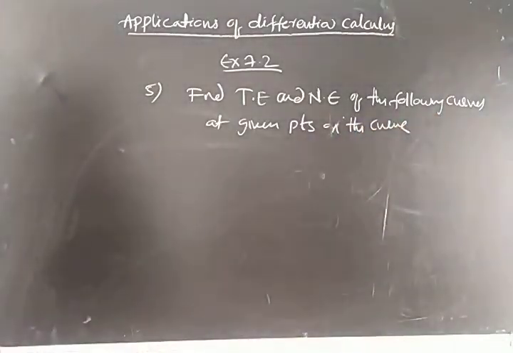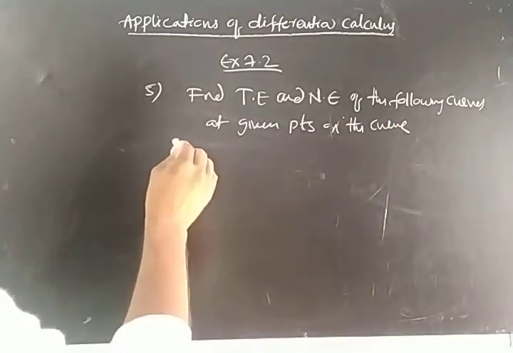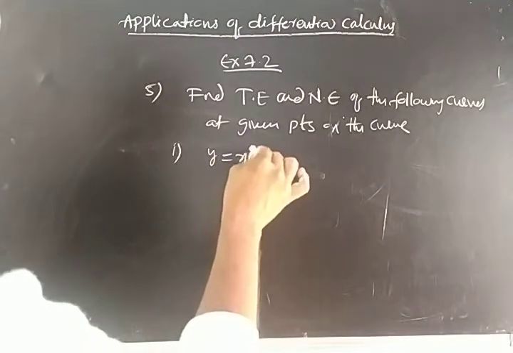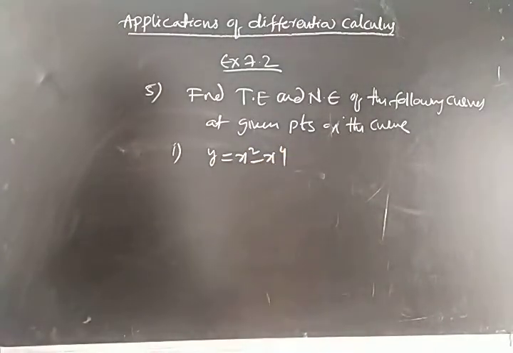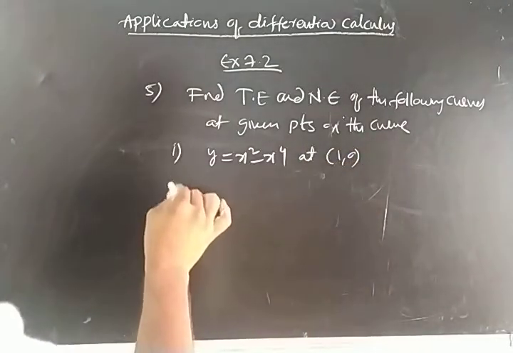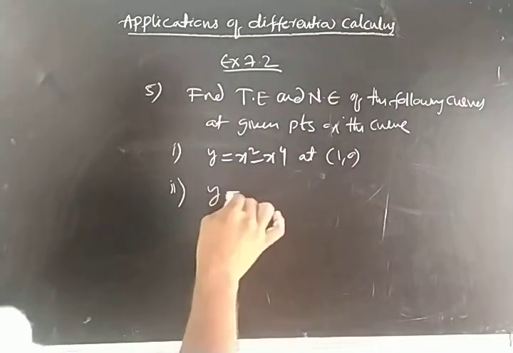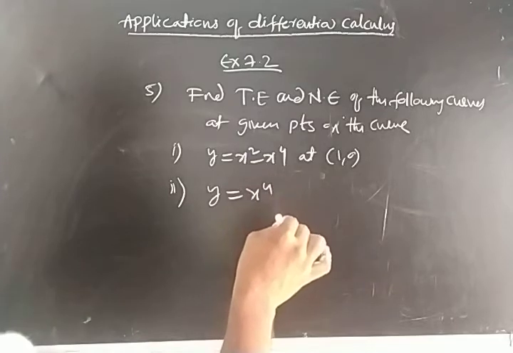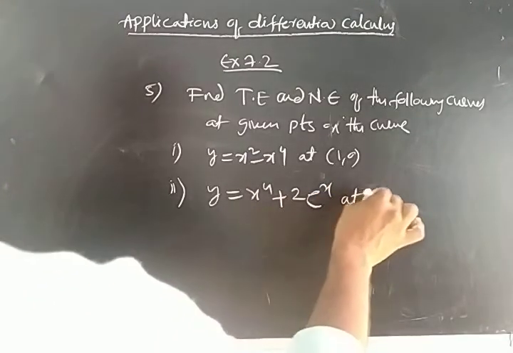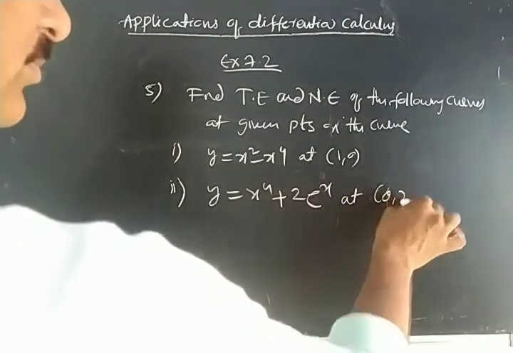In the fifth problem we have 4 parts. First one, y equal to x square minus x power 4 at (1, 0). Second problem, y equal to x power 4 plus 2 into e power x at (0, 2).